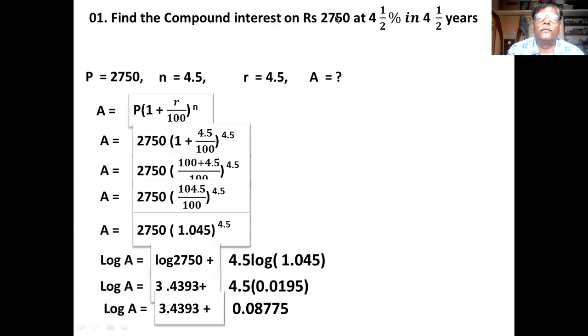You write only 4 digits. Okay. Now you take the total of these two, which is equal to 3.5270. This is the log A.